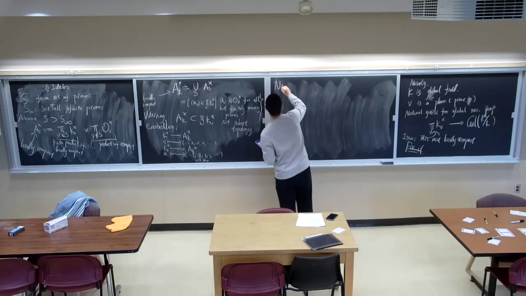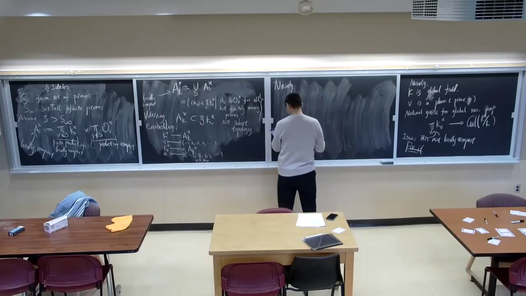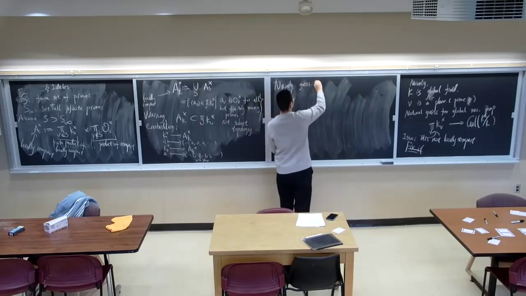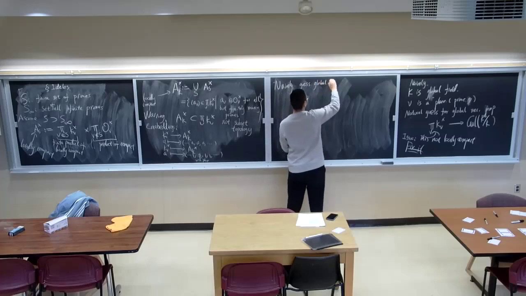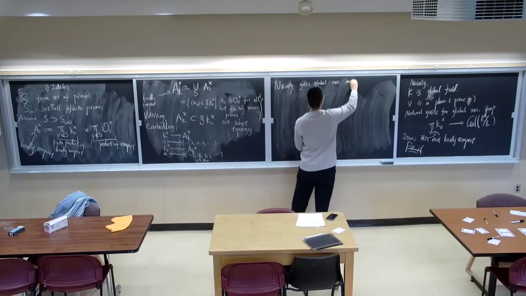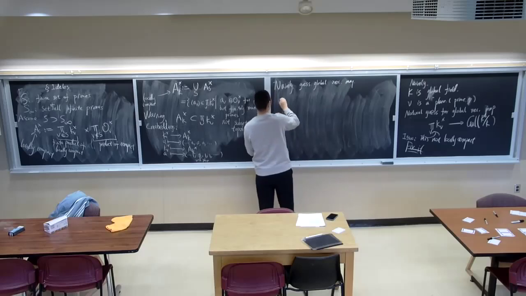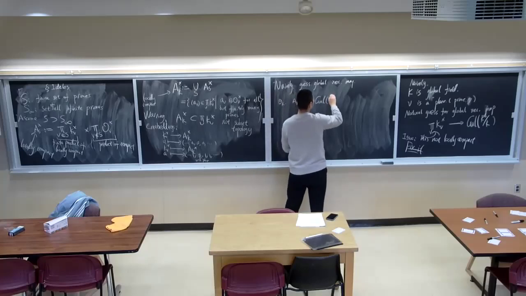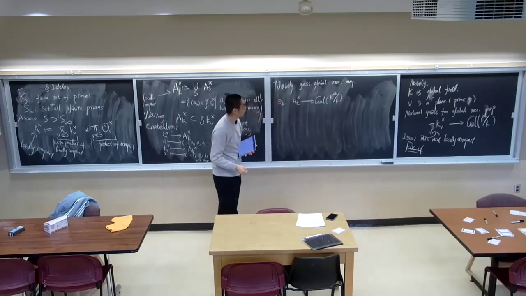So still naively, we can guess our global reciprocity map looks something like this.